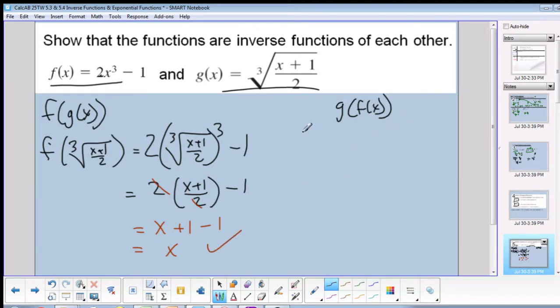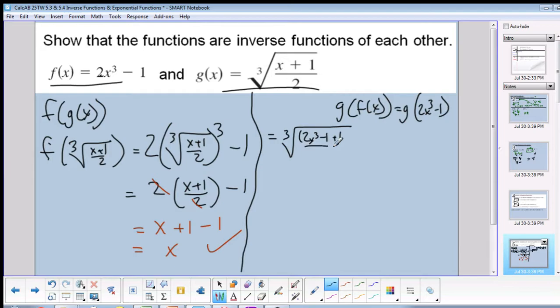So g of f of x is equivalent to g of 2x cubed minus 1. I'm plugging that in for the x. I get the g function, which equals the cube root of 2x cubed minus 1 plus 1, all over 2.